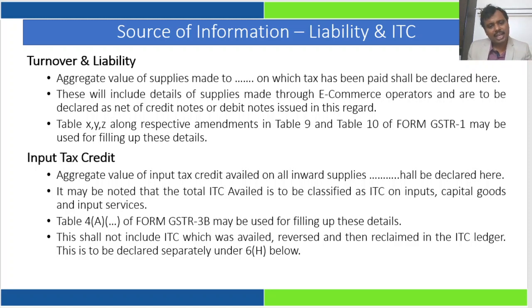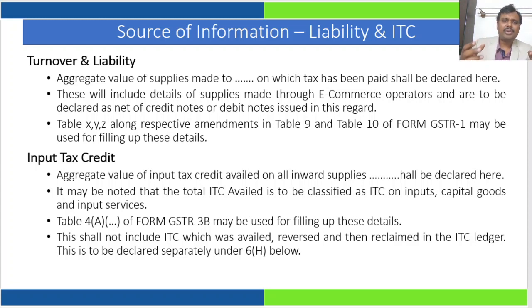When it comes to the input tax credit, whatever credit has been availed, the net credit availed, gross minus reversal, is what needs to be reported in the annual return.